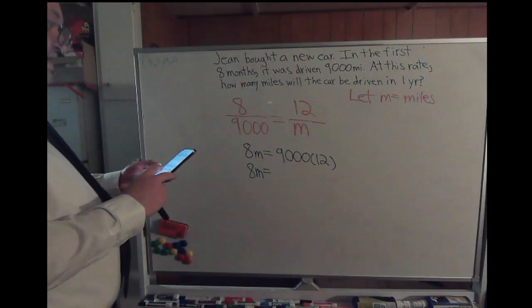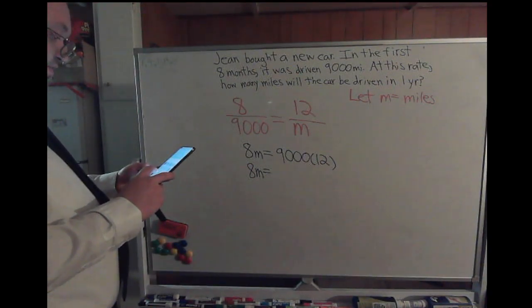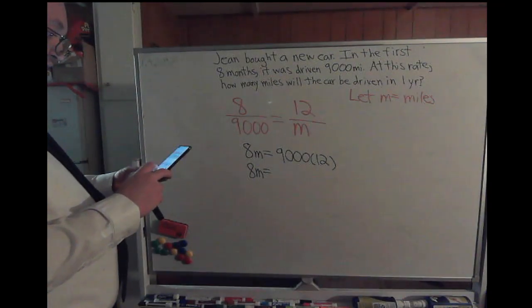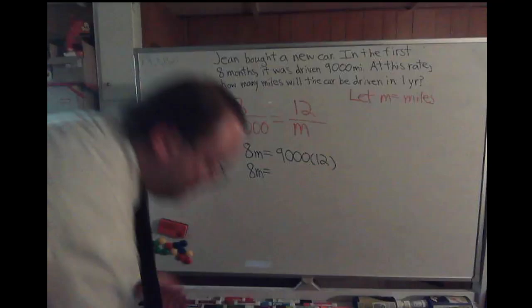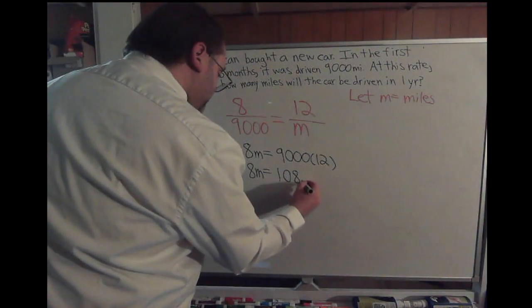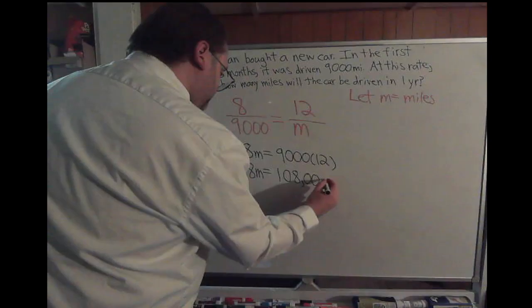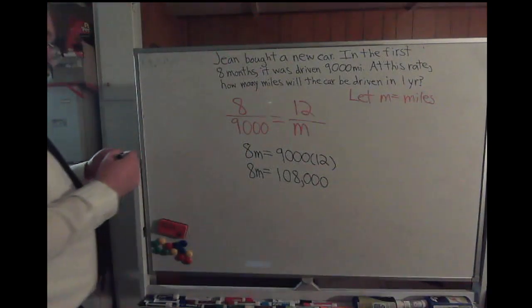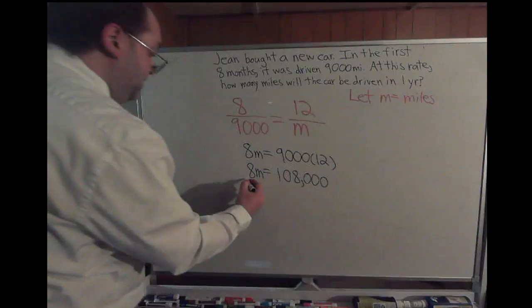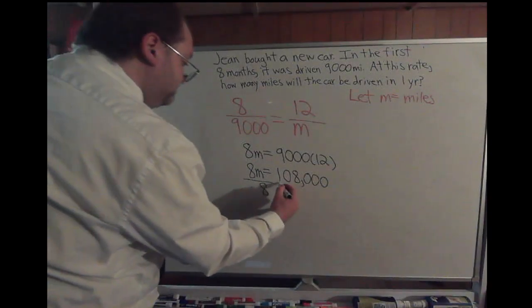I think that's going to be 108,000, but I could be wrong. Yep. 8M equals 108,000. So now all we got to do to get M by itself to solve for the miles, divide both sides by 8.